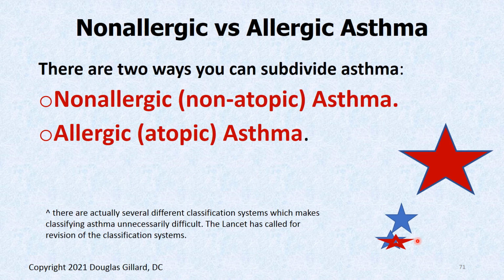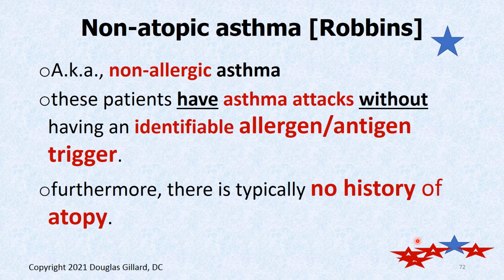There's 2 basic types of asthma. There's allergic asthma and non-allergic asthma. Sometimes they're called atopic for allergic and non-atopic for non-allergic. So non-atopic asthma, just like the word says, they have a full-blown asthma attack, but they've never been able to figure out a trigger for the asthma.